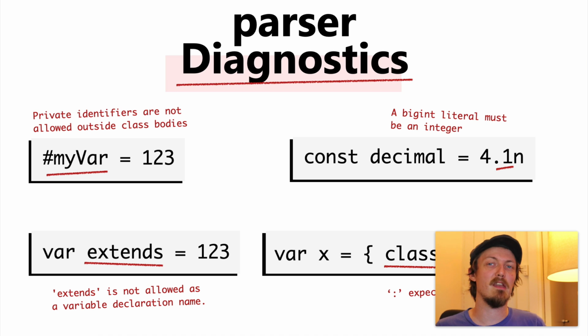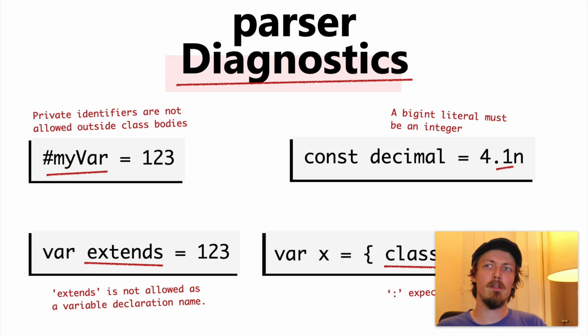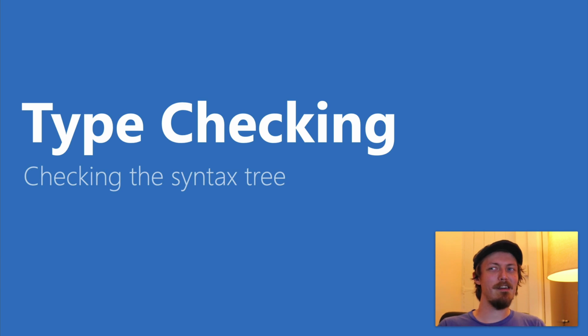So if the scanner says, hey, I've just got a private identifier, like that new thing that was added to classes last year, I think, and it's not inside a class, then the parser knows that it's not inside a class, whereas the scanner doesn't necessarily have that context. And so those are the error messages that you end up finding inside the parser. So that's the parser and the scanner. That's basically the way in which text is turned into a useful data structure inside the compiler.